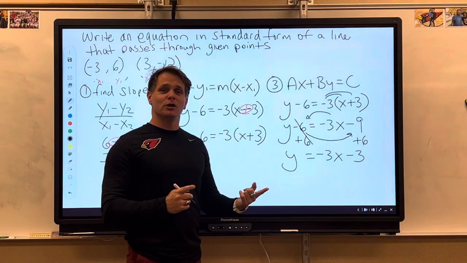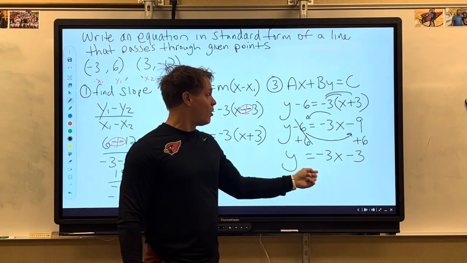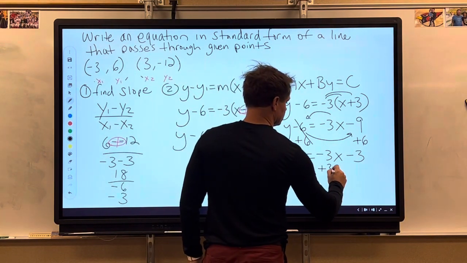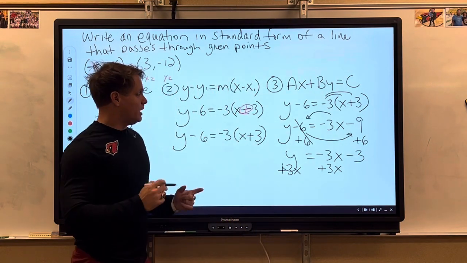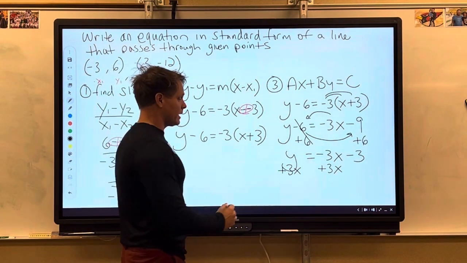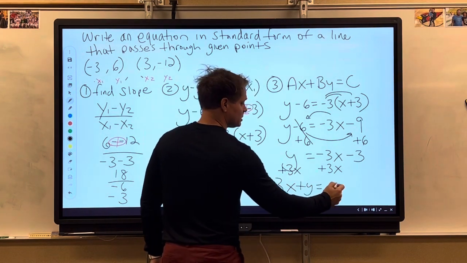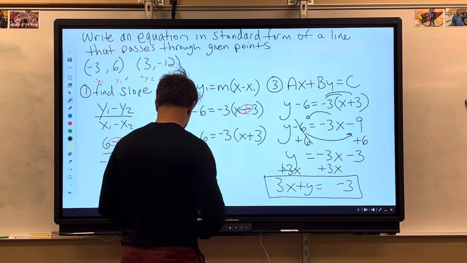The next thing I'm going to do is add 3x to both sides. I want to get rid of this whole 3x. In standard form, I'm going to write the x first. I got 3x plus y equals -3. And that is the answer.